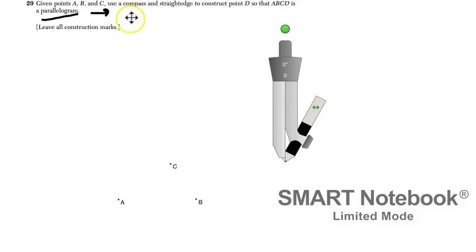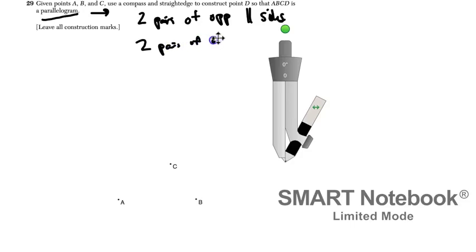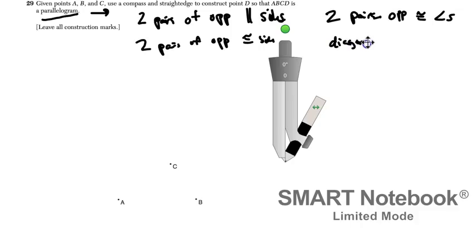So you could use the fact that a parallelogram has two pairs of opposite parallel sides. You could use the fact that it has two pairs of opposite congruent sides, that it has two pairs of opposite congruent angles, that the diagonals bisect each other.